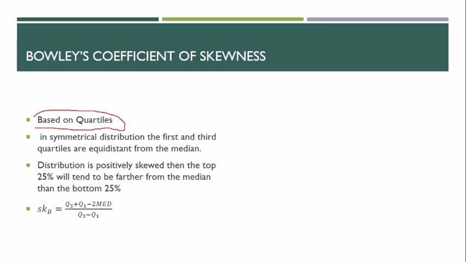In Bowley's measure, the limits range from -1 to +1, while for Pearson's, as I said, there are no such limits. And that is the difference between Pearson's coefficient and Bowley's coefficient of skewness. Thank you.